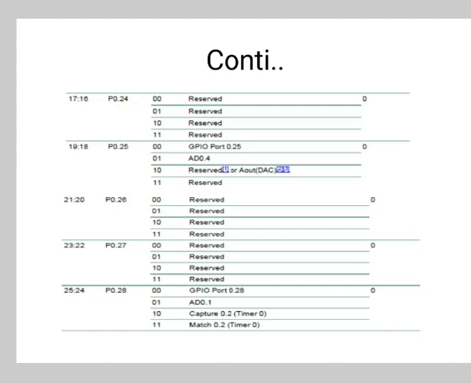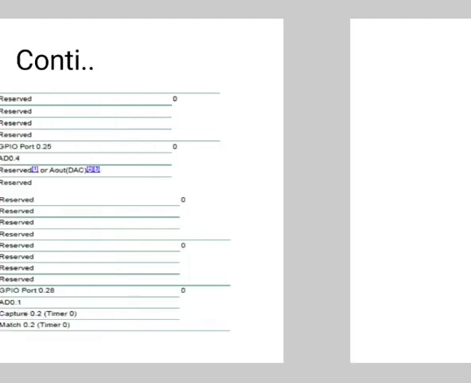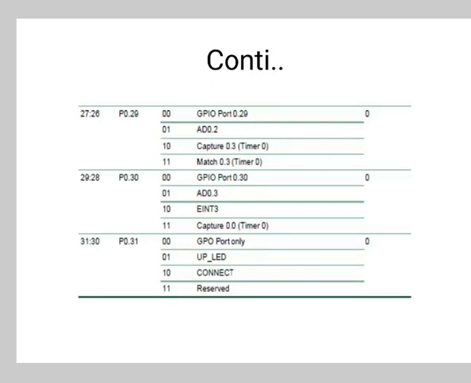Next for bits 25:24, it is GPIO port 0.28 for 00. For 01 it is AD0.1, for 10 it is capture point 2 of timer 0, and for 11 it is match point 2 of timer 0. Next, for bits 27:26, for 00 it is GPIO 0.29, 01 is AD0.2, 10 is capture point 3 of timer 0, and 11 is match point 3 of timer 0.